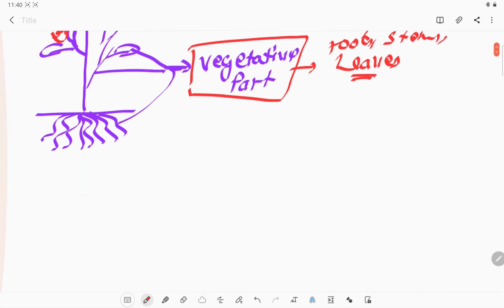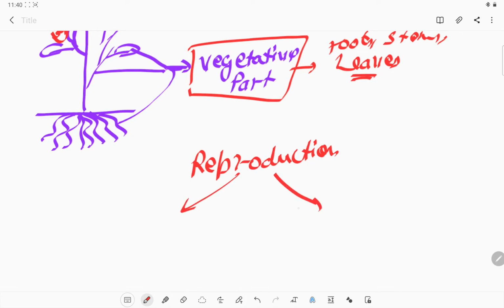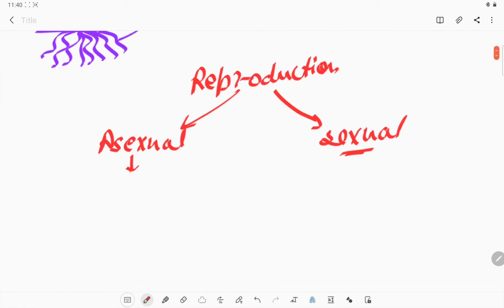So there are two types of reproduction, the modes of reproduction in plants. One is the asexual mode of reproduction, another is the sexual mode of reproduction. When we talk about asexual reproduction, that means the plant will grow without creating any seed.